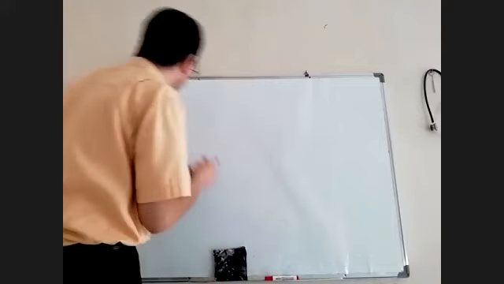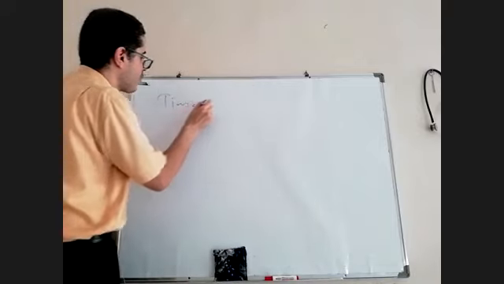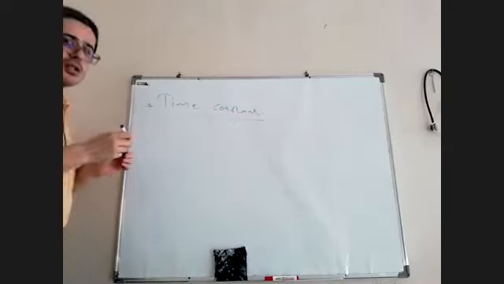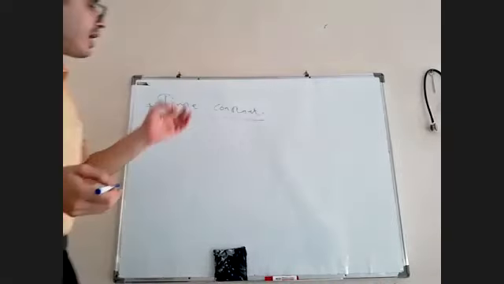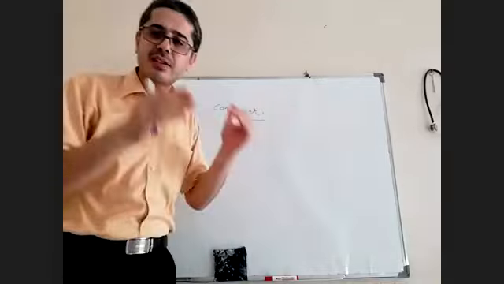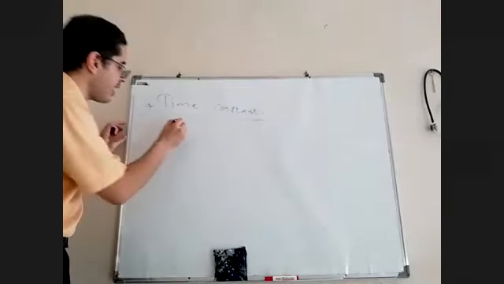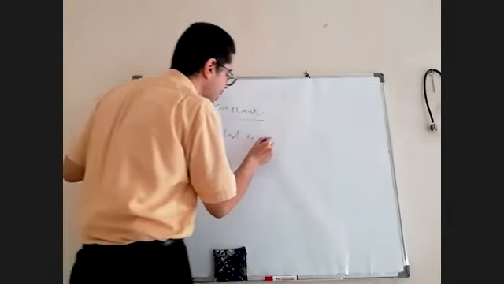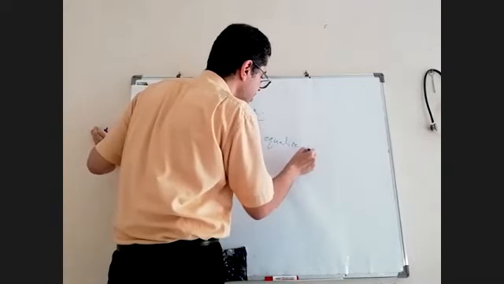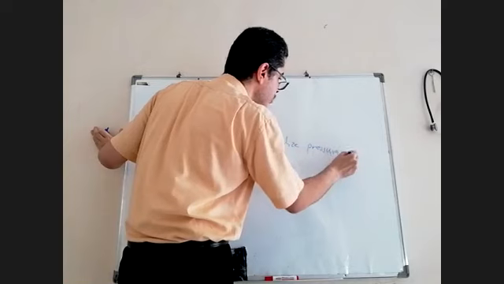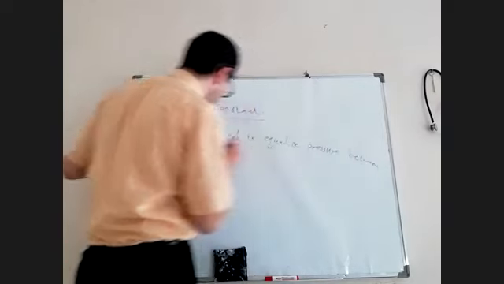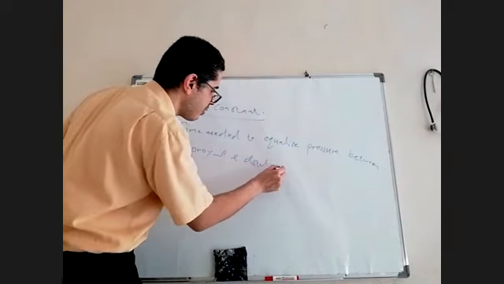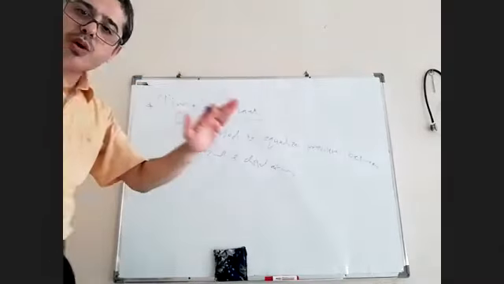Time constant is the time needed to equalize pressure between proximal and distal airways. Time needed to equalize pressure.